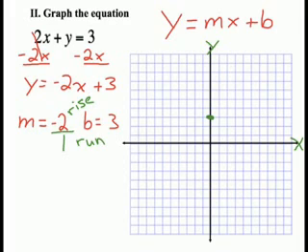In this case our rise is negative 2. So that means we're going to start at that first point we made and go down 2 units, and the run is 1, so we're going to go 1 unit to the right and put our second point. From that point we're going to continue with the slope and go down 2 more units and 1 more to the right, down 2, 1 to the right, until we fill our graph up with points.